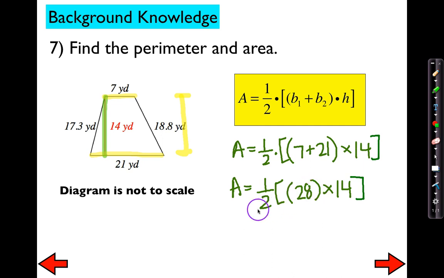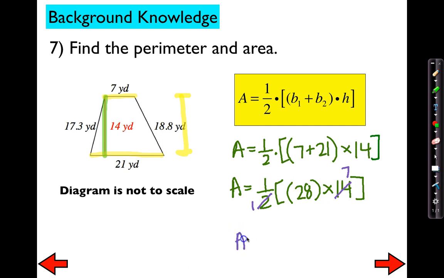Here you can cross-cancel with 28 or you can cross-cancel with 14. 14 I know right off the top of my head, so I'm going to go for that one. 2 divided by 2 becomes a 1. 14 divided by 2 becomes a 7. Note you could have cross-reduced with 28 as well. I just chose 14 because I know what 14 divided by 2 is off the top of my head.